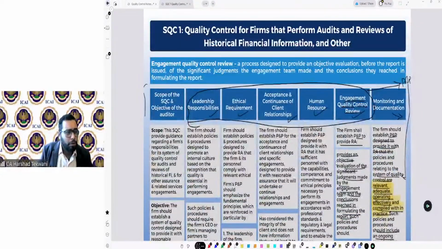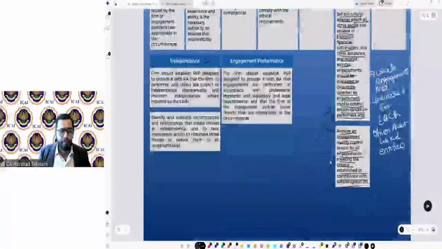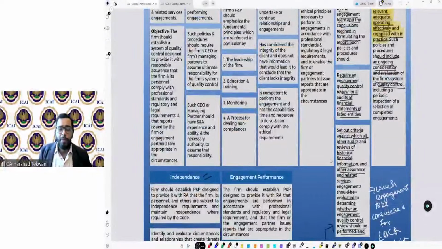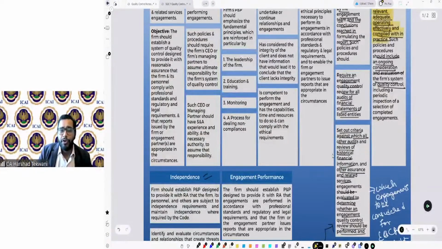Together, this whole is the system of quality control. Again, the system of quality control should be evaluated on an ongoing basis. That's the requirement of SQC1.